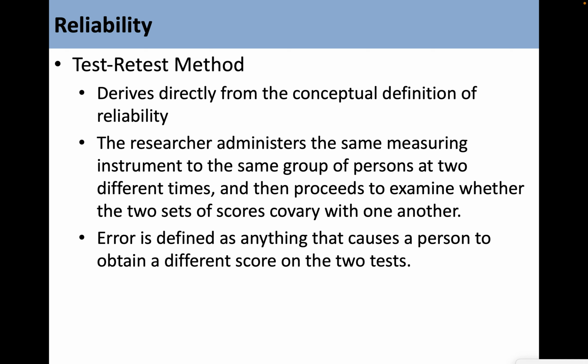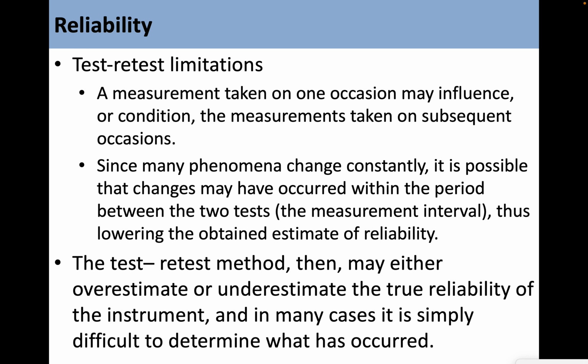Now I understand what the right answer is. You should get them all right. Test, retest. I hope that makes sense. And of course, the error would be anything that causes you to get a different score.